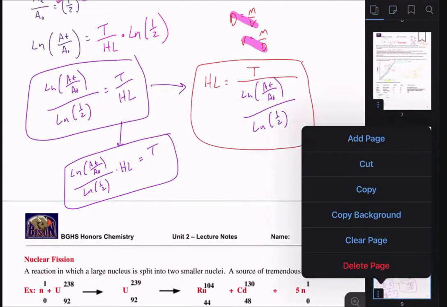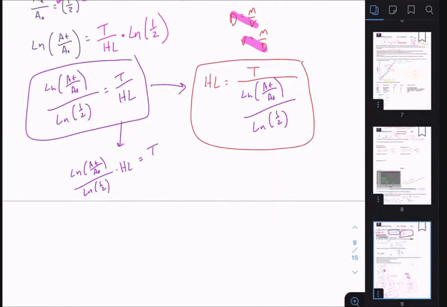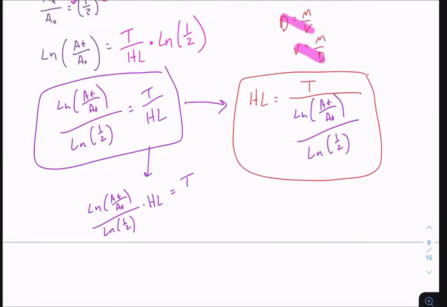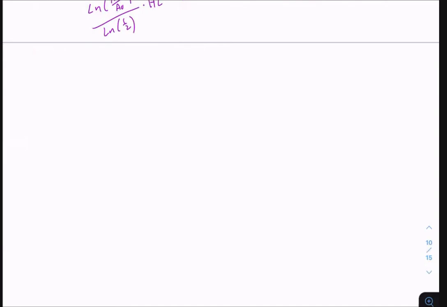If you're out of space on your note packet, then just do this anywhere else. And we'll do one of each kind, okay?